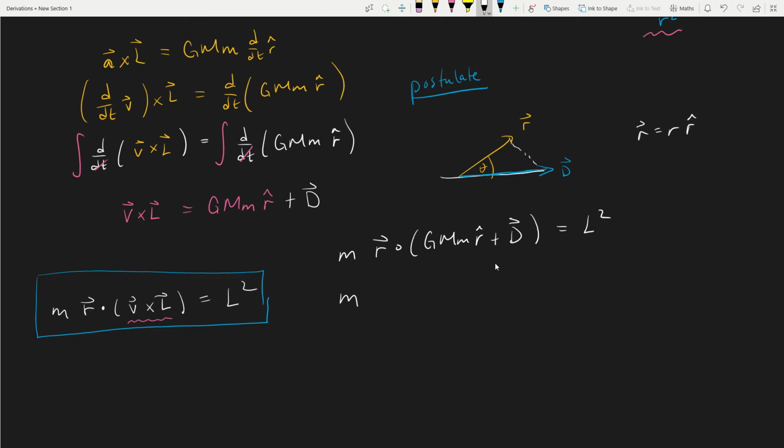So when we multiply this through, we're going to get GMm r. Okay, so that's the first vector quantity. And the second vector quantity is going to be r, so r multiplies through still, and then d cosine theta. So what we can do here is start to rearrange stuff. I'm going to bring the m over right away just to help us out there.